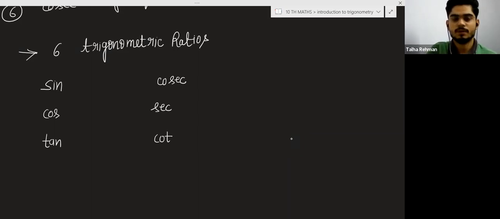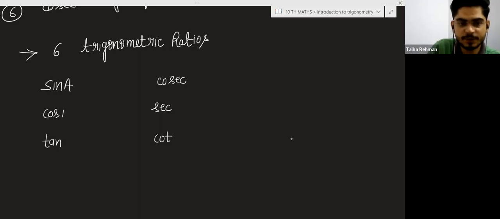And with this trigonometric ratio, you will always take some angle. The angle can be angle A, angle B, angle C. So I am taking angle A here.